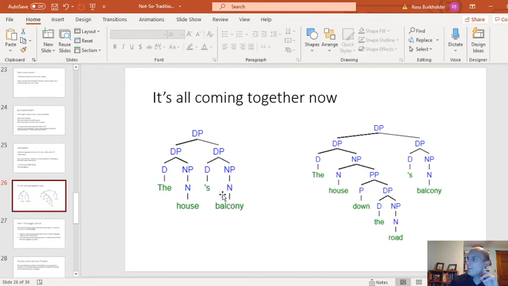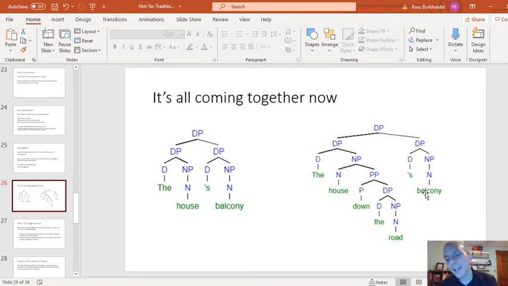And in addition, what this gains us is no matter what we put over on this side, the house, or the house down the road, this apostrophe S is going to move and attach to the latest thing. So here, this apostrophe S attaches to house, and you get the house's balcony. Here, the apostrophe S attaches to road, and you get the house down the road's balcony. Exactly where we want to get them.